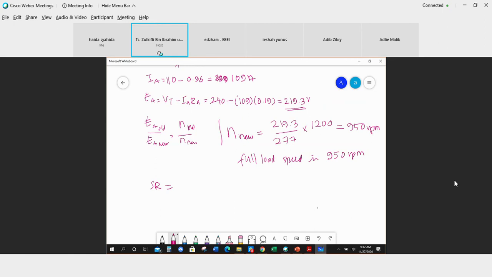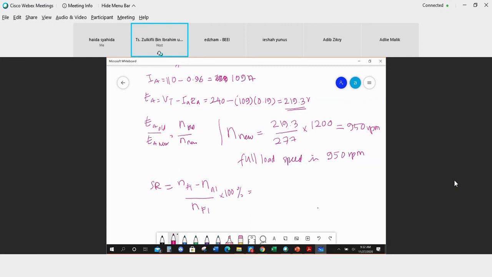We have to calculate the speed regulation, and we can also control it. For example by adding a resistor, we can control the speed within this range, because if it goes beyond this range, it will no longer be efficient. So the speed regulation is just like calculating efficiency, except here it is speed. So you have your speed at no load minus speed at full load, divided by speed at full load, times 100.